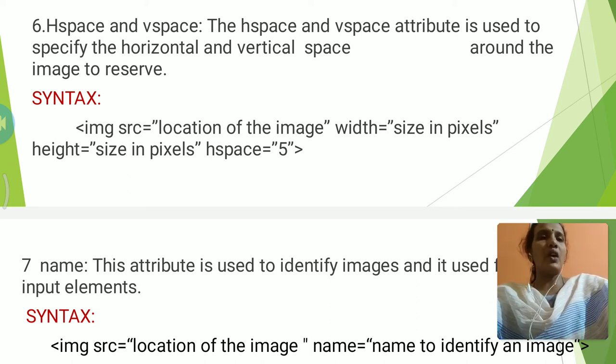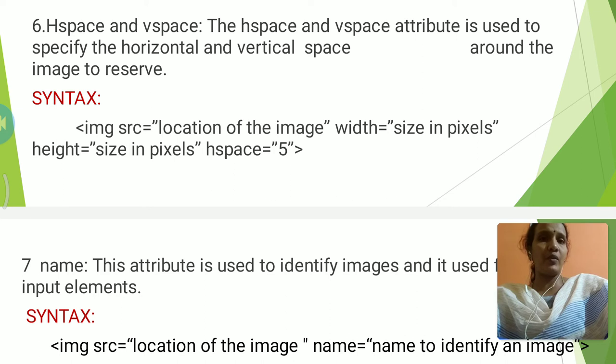After that image, your paragraph will be displayed, immediately beside the image. But if you don't want to display the paragraph beside the image and you want to give some space around the image, then we use the hspace and vspace attributes.